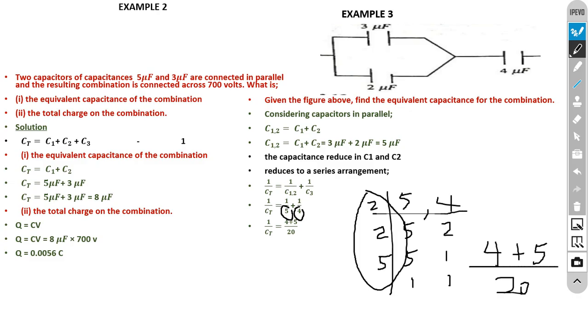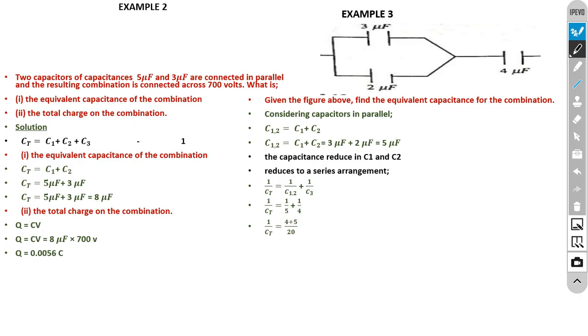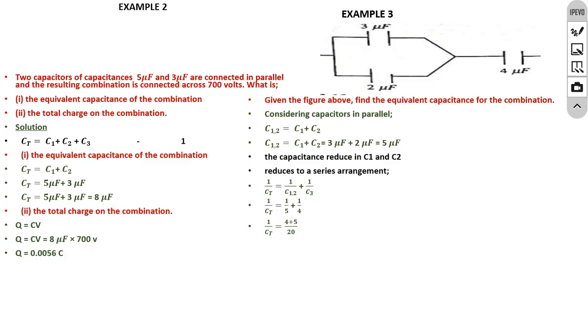So that's how we got the next expression below. So that's how we arrive at this point. When you add 4 and 5, you get 9 over 20. Since we are looking for CT, we cross multiply or we just invert it. Then we have 20/9 microfarad, which is the same thing as 20/9 times 10 to the power minus 6 farad.